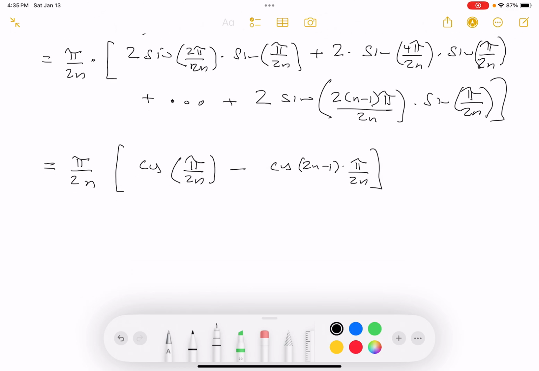I'm still looking at this and wondering what to do at this point. I got the pi over 2n, and I'm looking at this difference. I'm going to rewrite it as a product. And that's going to be 2 sine, let's see. I've got to think now.